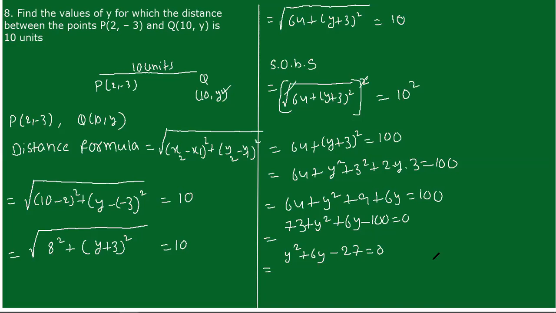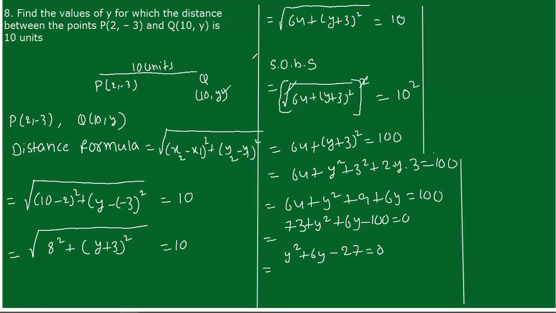If I find the factors, I mean if I find the y value, I can get the answer. So here we have to do factorization. We have 27 and 6y.